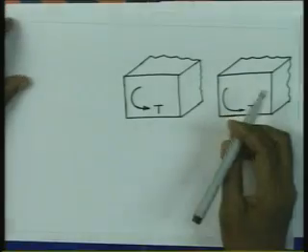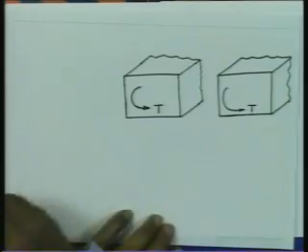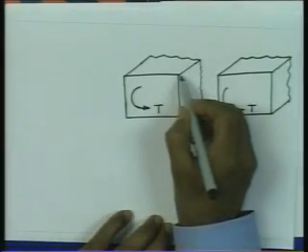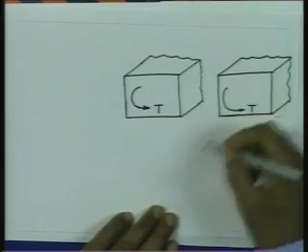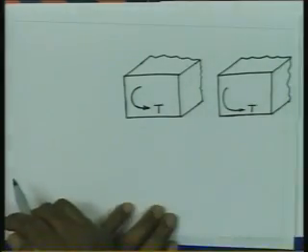The answer to this problem can be obtained 3 different ways. First of all, let us try to consider this rectangular section and let us concentrate at this corner. So, torque is acting like this. This is the axis of the shaft.